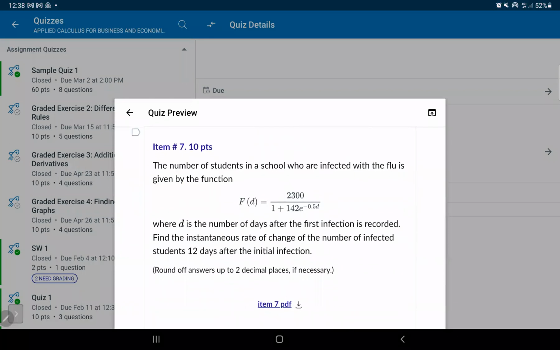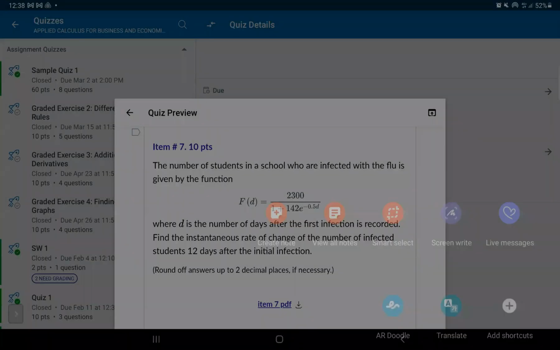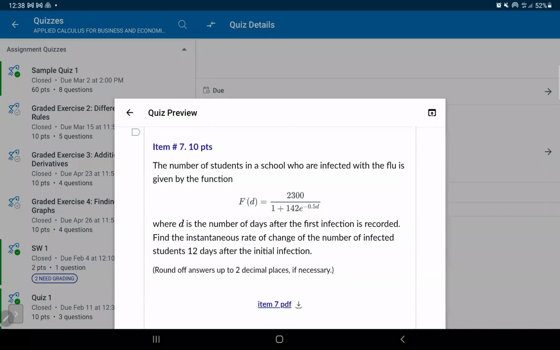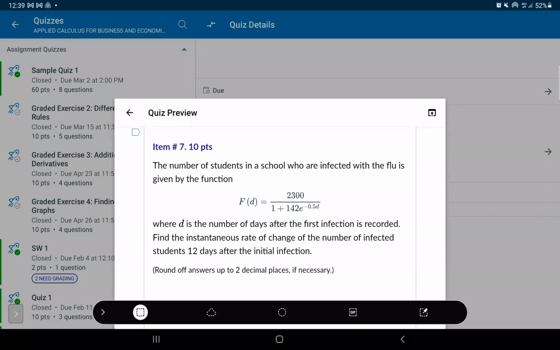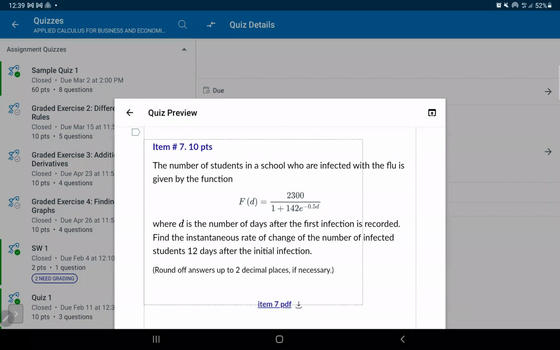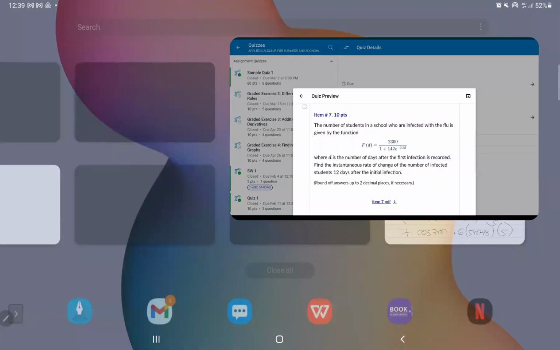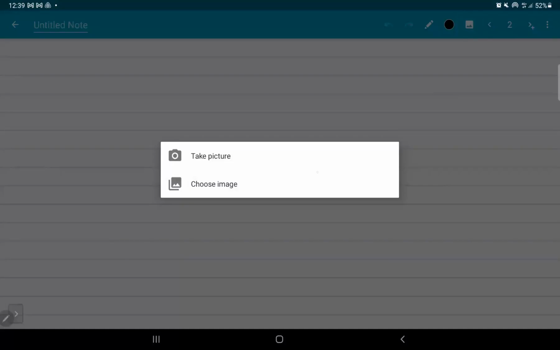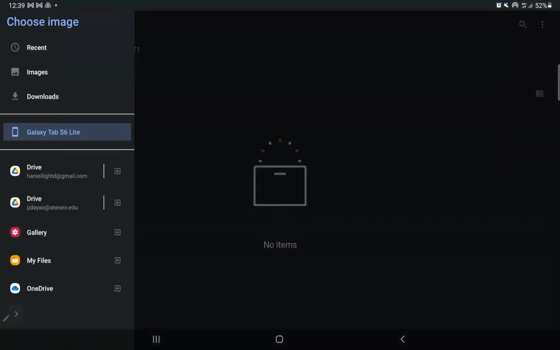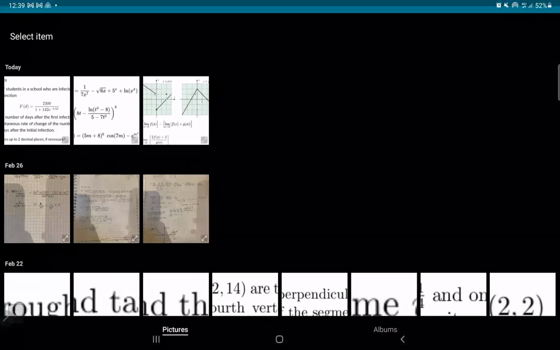For number 7, ilan lang nakakuha nito? Rate of change, you just have to differentiate the function. Okay.